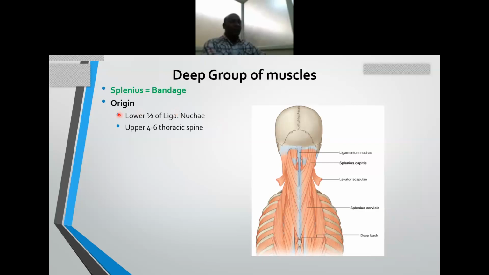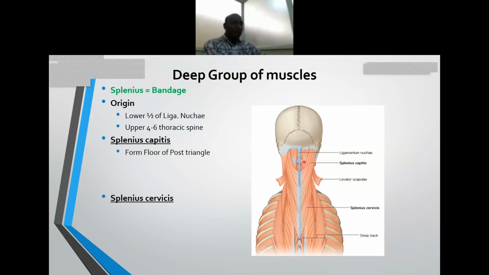Okay, so origin is half from the ligamentum nuchae and upper 4 to 6 thoracic spines, and splenius capitis forms only the upper part of the floor of the posterior triangle, where the trapezius and the sternocleidomastoid meet.